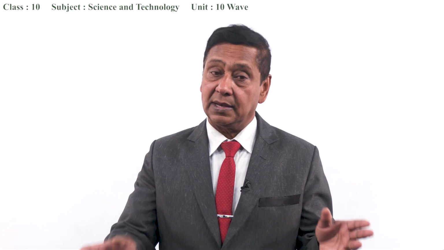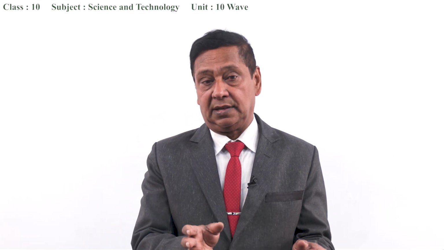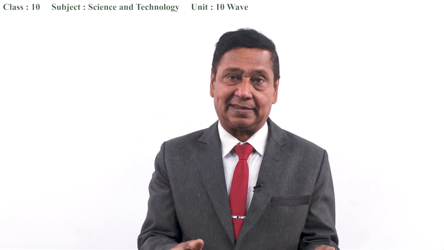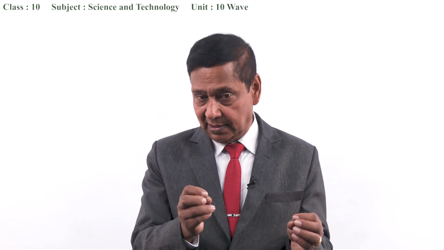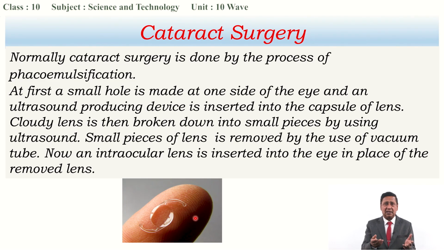Okay, this is the surgery of what? Cataract. It seems to be a little difficult, but this is a very easy type of surgery, but it is related to the eye, that's why we feel it is very difficult, but it is not difficult. Nowadays it is done within a few minutes.